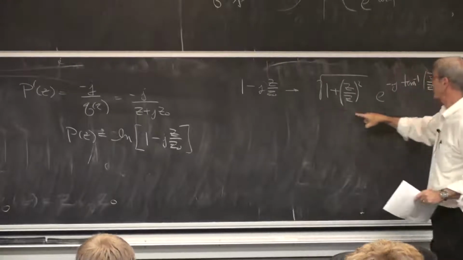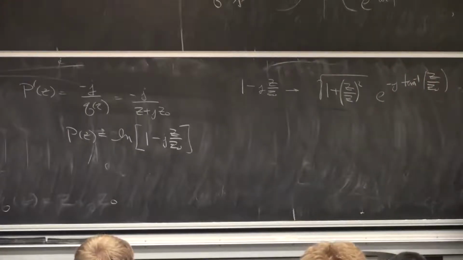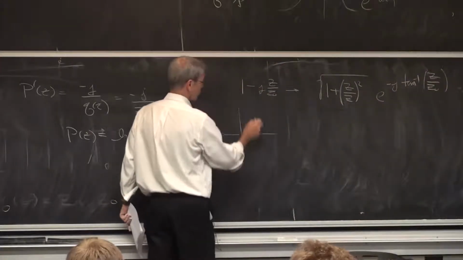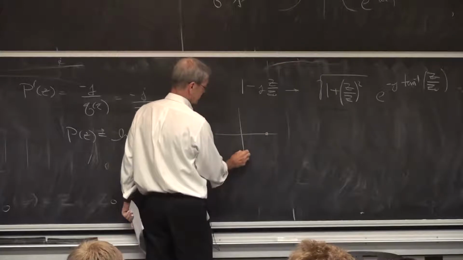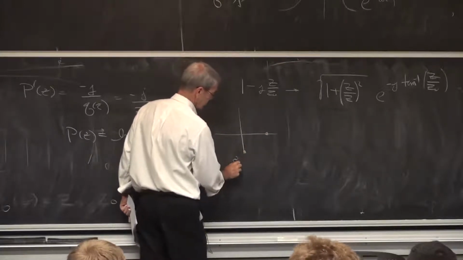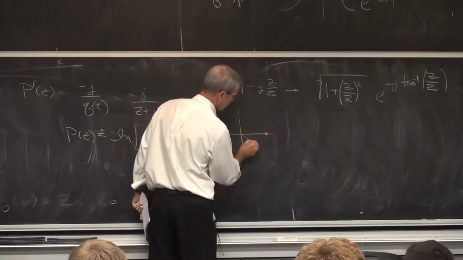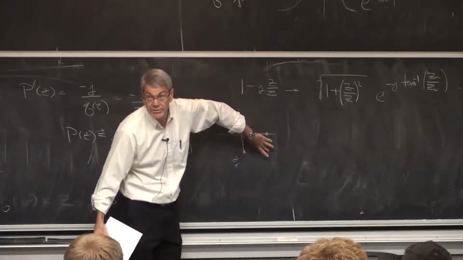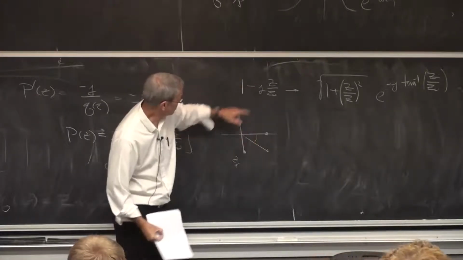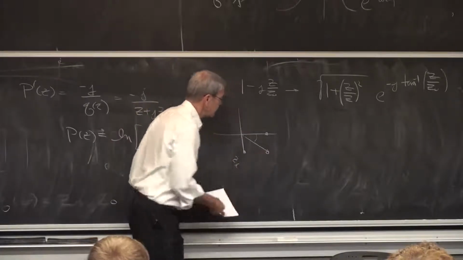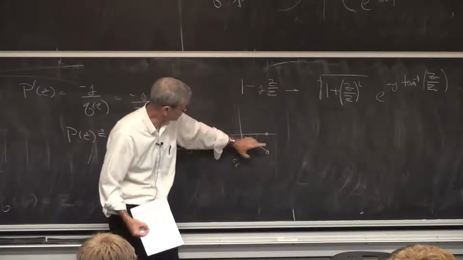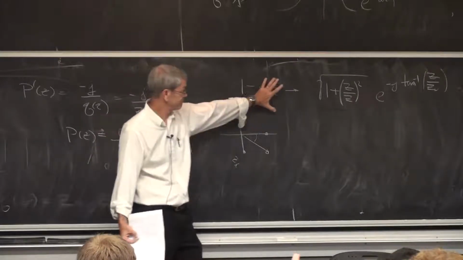I can write it as a magnitude and a phase, a magnitude and an angle, because it's a complex number. For plotting, I have 1, and here's Z over Z naught, and so I get some angle and some magnitude. So I'm writing this complex number, which is sitting right here on the real and imaginary axes, as a magnitude and a phase. That's all we're doing.